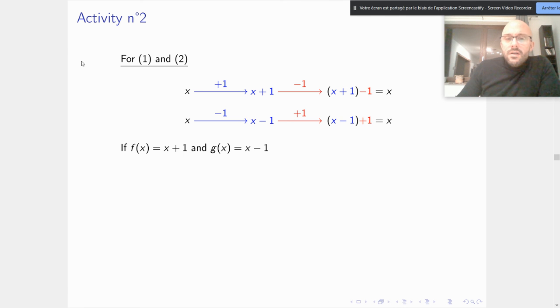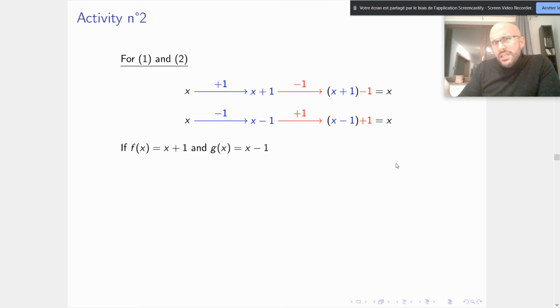Does this little scheme here remind you of something? I'm pretty sure you have all already seen this somewhere. What are we doing here? We are doing more than one operation after each other, one operation after another one, etc. Does that remind you of something?